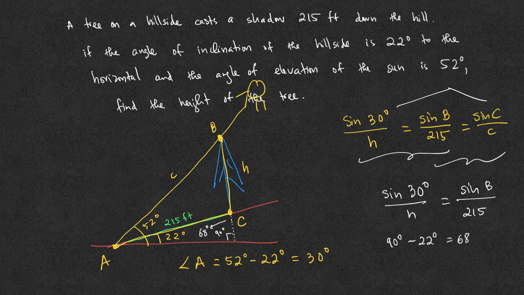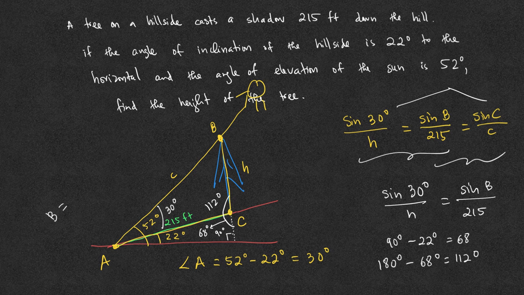From there, we can find the angle C inside the triangle ABC by taking the straight angle 180 degrees minus 68 degrees to get 112 degrees. And so we now have another angle inside the main triangle ABC. Remember that this angle A has a measure of 30 degrees that we found earlier. Armed with this, we should be able to find B.